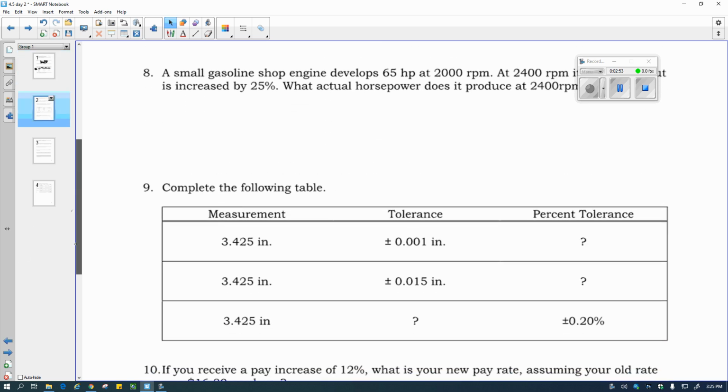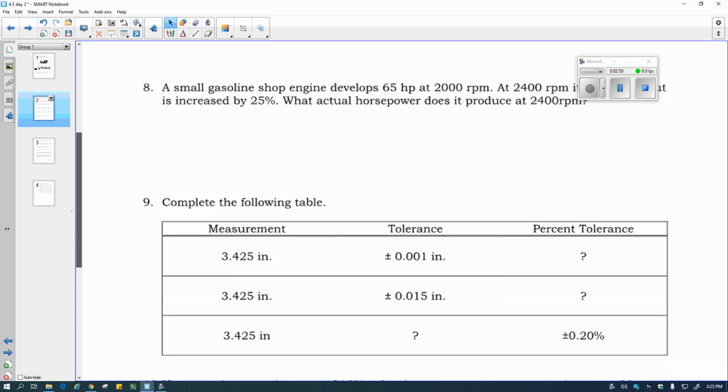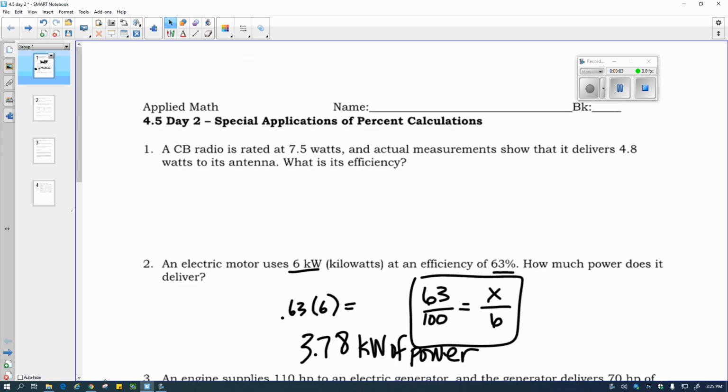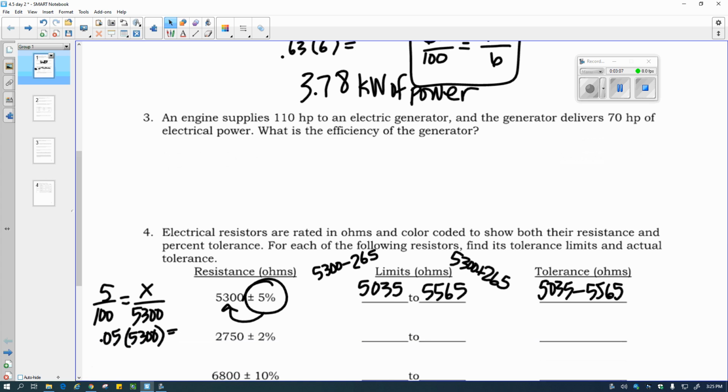I don't want to give you the tolerance plus or minus. Okay, let's write it that way. Yep, that's what they like. So they like to see it in a plus or minus form. So my tolerance is plus or minus 265, because that's what I'm adding or subtracting to that.